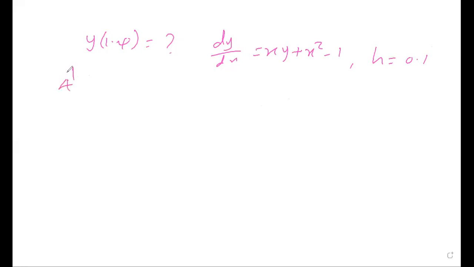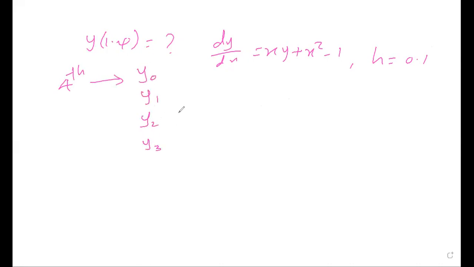Okay, let's begin. They ask you to find y at 1.4. For dy over dx, they have given xy plus x squared minus 1, and h is 0.1. Since this is Adams-Moulton fourth order, you have to start from y0, y1, y2, y3.